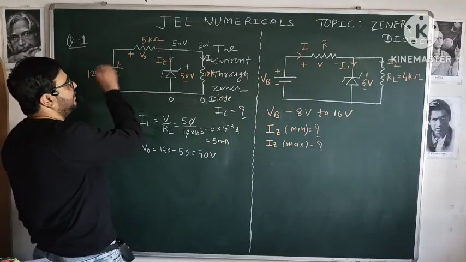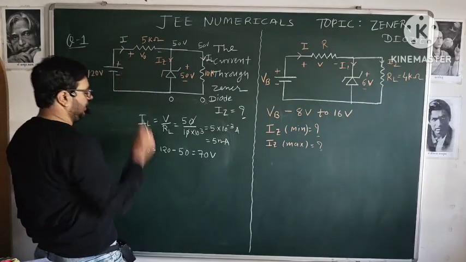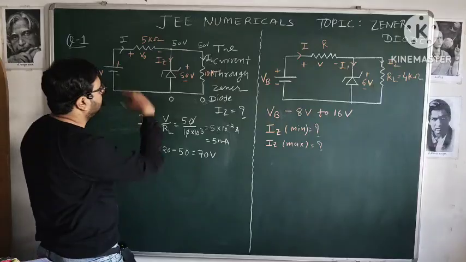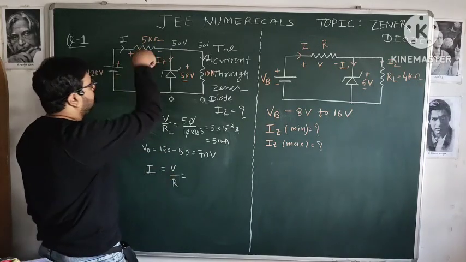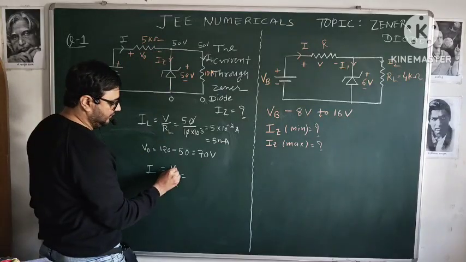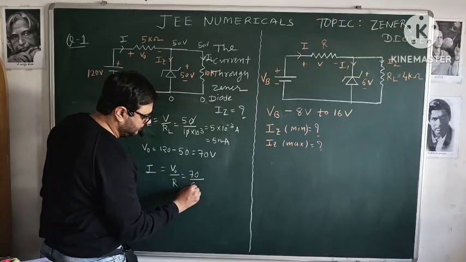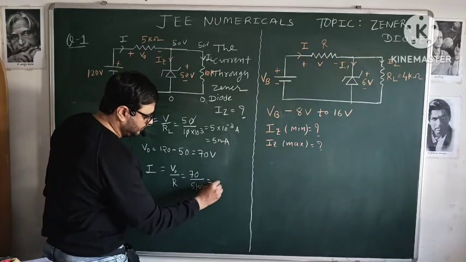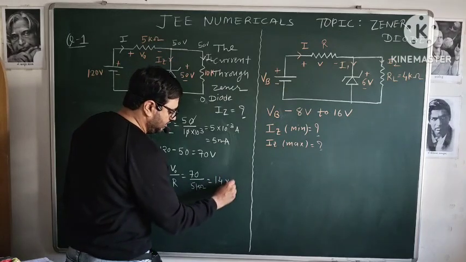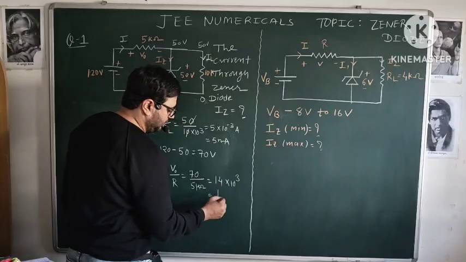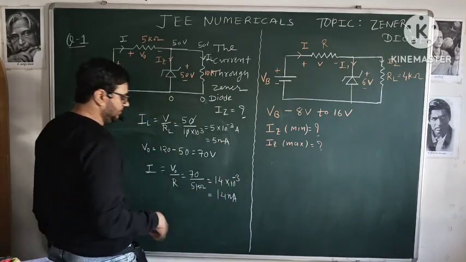Now we need to find the current passing through this resistor, say I. I is V upon R, where V is V naught, 70 volt, and R is 5 kilo ohm. So 70 upon 5 is 14, times 10 power minus 3, so 14 milliampere.